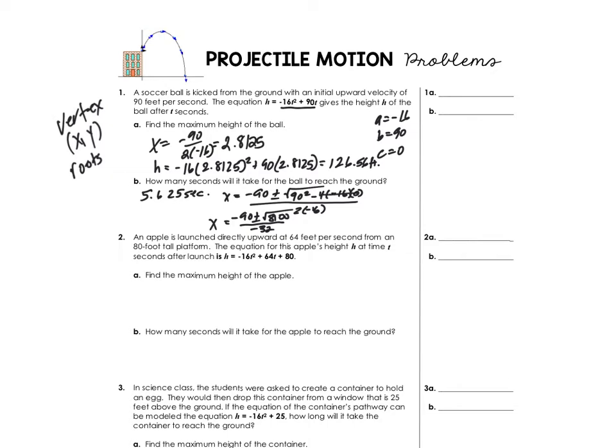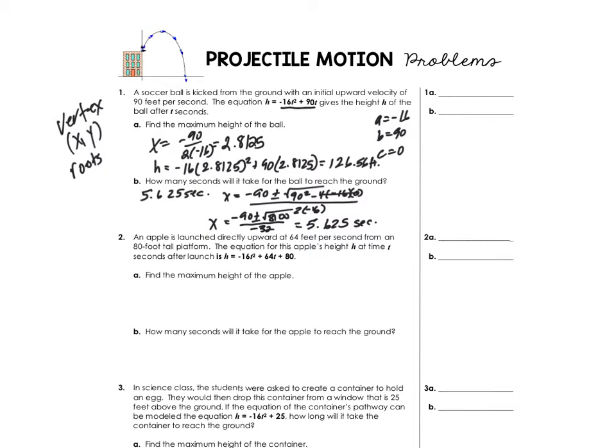So I got negative 90 plus or minus the square root of 8100 divided by negative 32. And the square root of 8100 is 90. So negative 90 plus 90 cancels out, which is the origin. That's where the ball was kicked from. Negative 90 minus 90 is negative 180 divided by negative 32, which gave me 5.625 seconds.